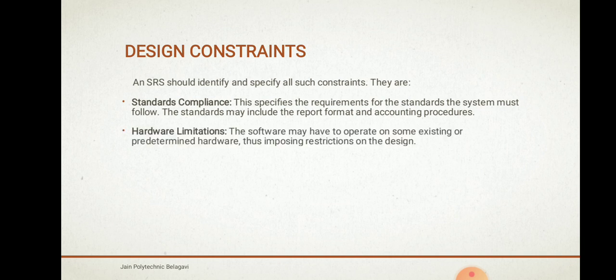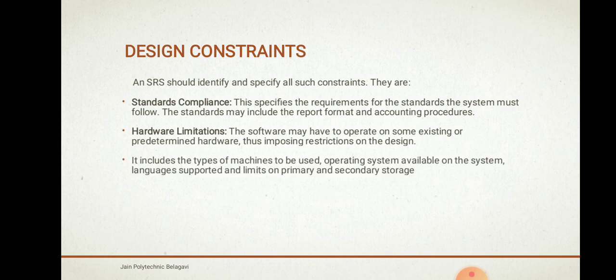Hardware limitations. The software may have to operate on some existing or predetermined hardware, thus imposing restrictions on the design. That is, there are some limitations of the hardware, and they have to operate on that hardware only. It includes the type of machine to be used, operating system available on the system, language supported, and limits on primary and secondary storage.